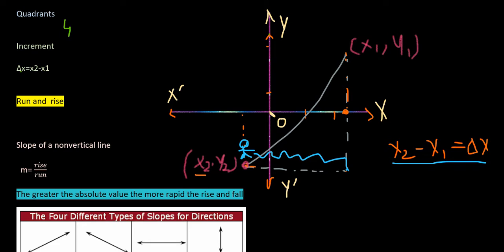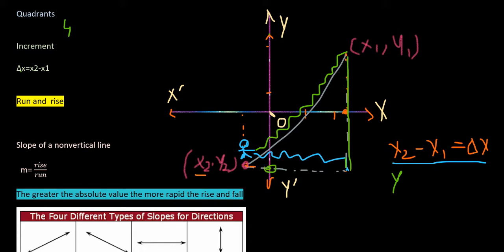So what if I ask how much is the rise? What if this man rises on a mountain? Suppose this is our mountain. Then you have to find the y increment. So this will be our y increment.